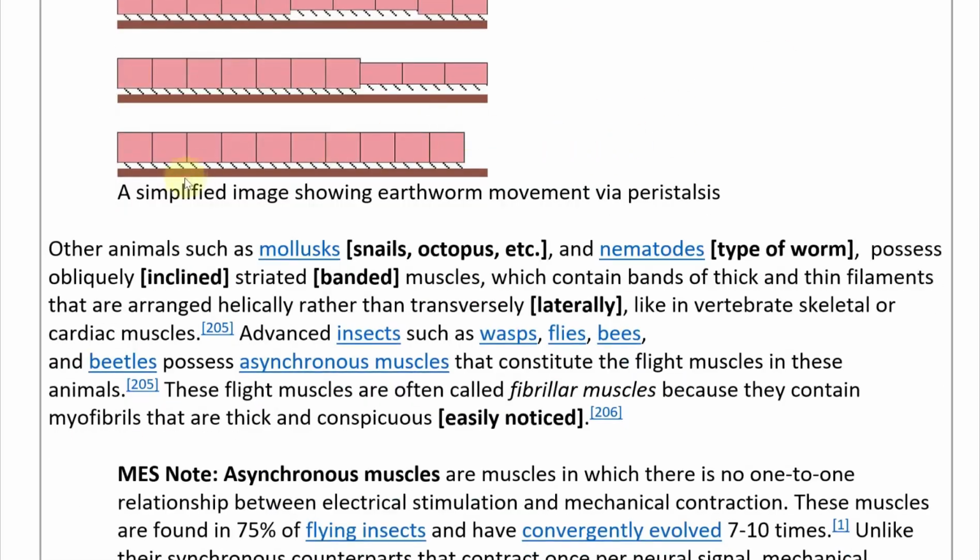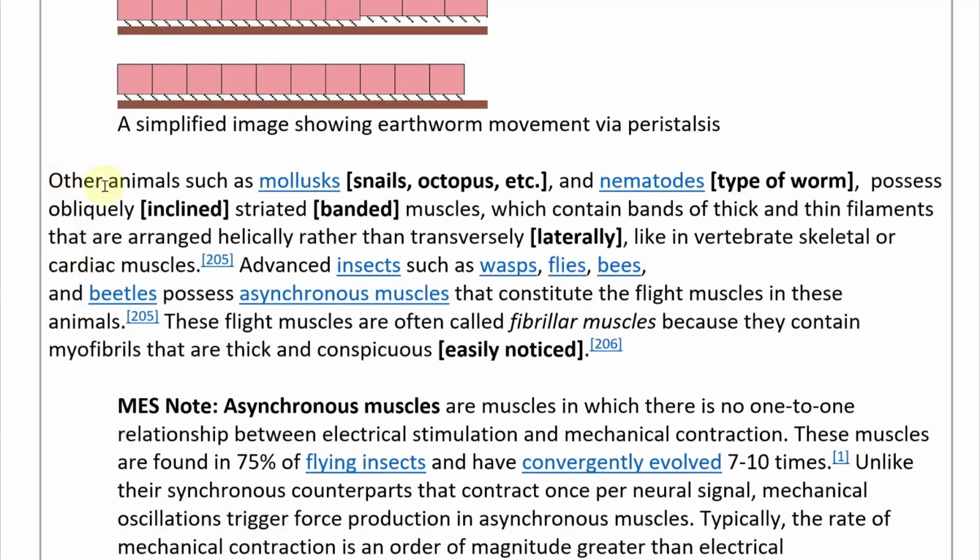All right, let's continue further and look over here. Other animals such as mollusks, such as snails, octopus, etc., and nematodes, a type of worm, possess obliquely striated muscles, which contain bands of thick and thin filaments that are arranged helically, like in a helix, rather than transversely or laterally, like in vertebrate skeletal or cardiac muscles.